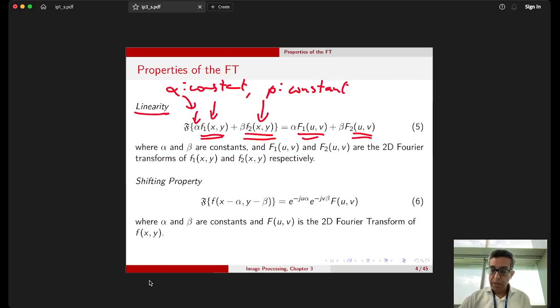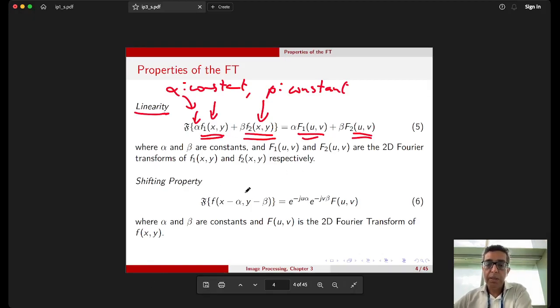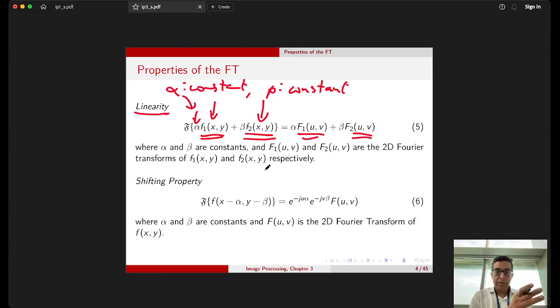Okay, if we now look at another property: with one-dimensional Fourier transforms, if you shift a signal in time, so you delay the signal, or you advance it in time so that it happens earlier, that's called translation.